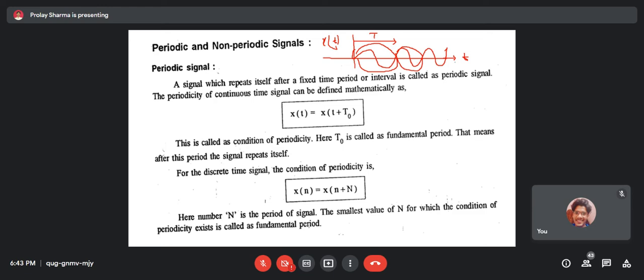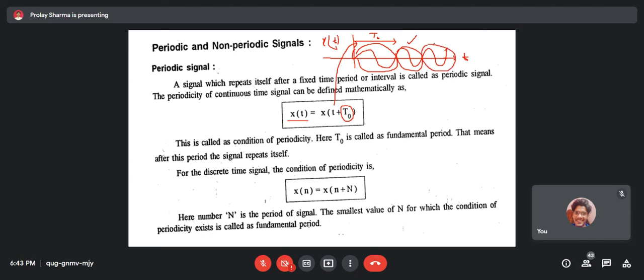This type of signal is called a periodic signal, and mathematically it is written in this form. x(t) is the signal. If we advance the signal by T0, where T0 is the time period, then the same thing will come. After T0 time, what you will get is the same as the previous one.